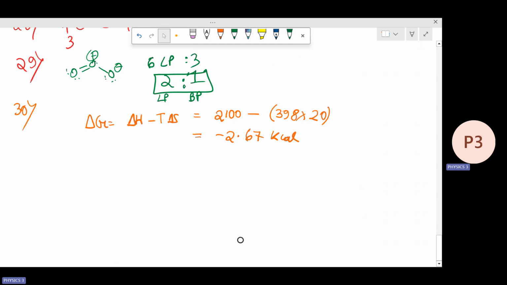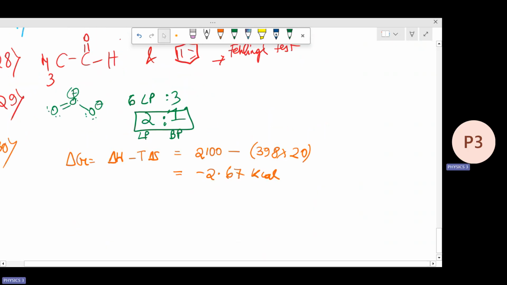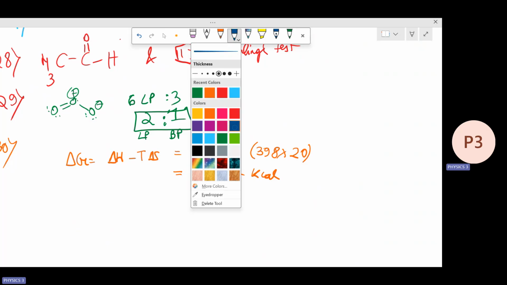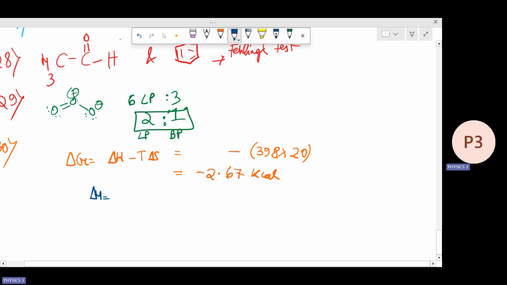Next one, we are going to discuss the question about hydrogen atoms in a complex formed by nickel. But first, for the last question, delta H minus T delta S, I just forgot to mention how we are going to get delta H. First of all, we need to calculate delta H. In this case, delta H has to be calculated by delta ng RT.